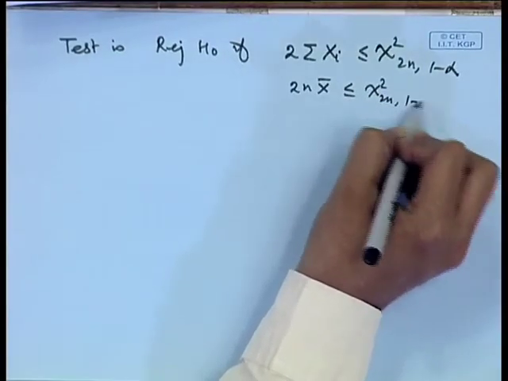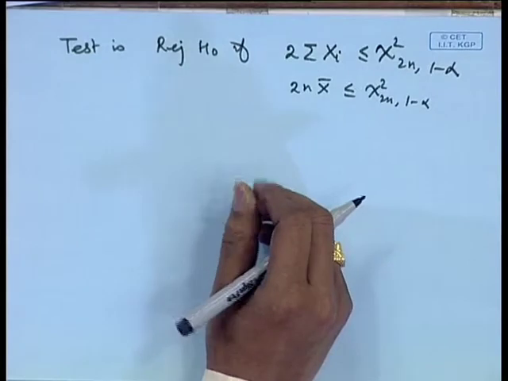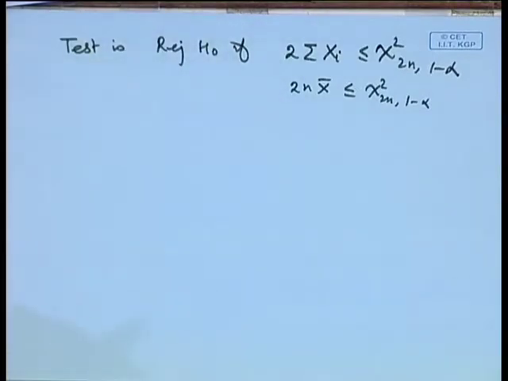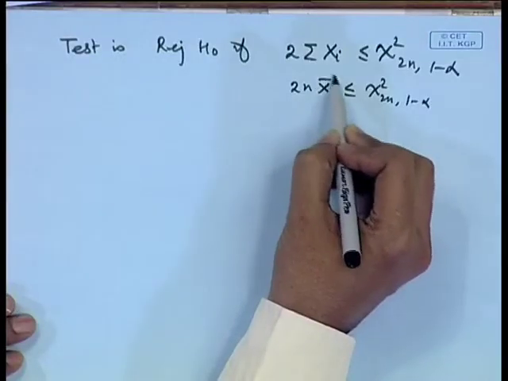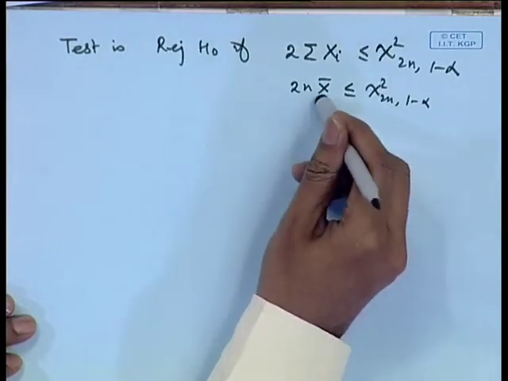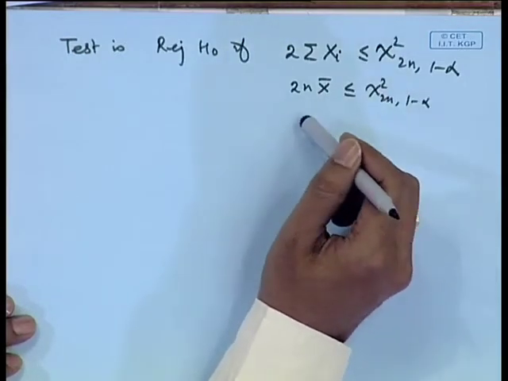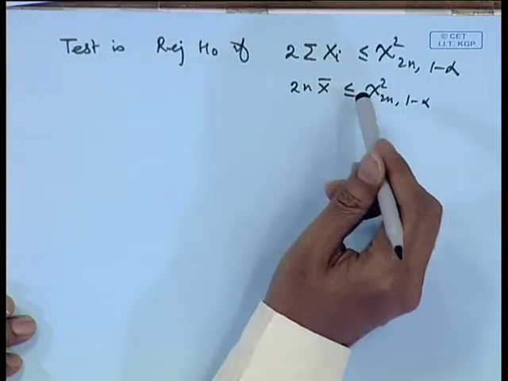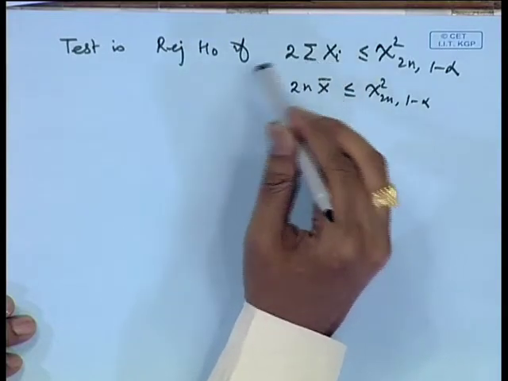So, a natural thing would be to go in favor of the null hypothesis if x bar is smaller, because if rate is smaller, this corresponds to the mean being smaller. So, the mean is estimated by the sample mean. So, for the smaller value of the sample mean, we will tend to favor H naught, whereas for the, I am sorry, I just made the reverse statement.